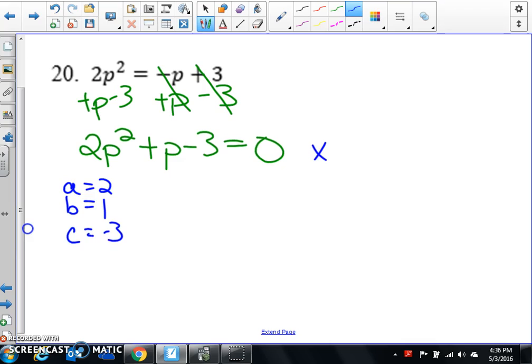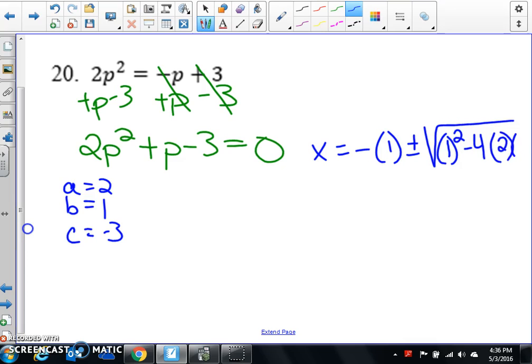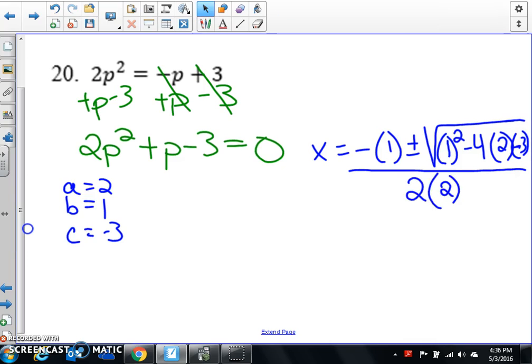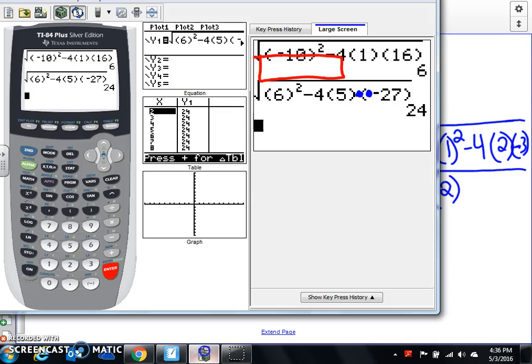So x equals negative b plus or minus the square root of b squared minus 4ac, that's a negative, all over 2a. Okay, so we have x equals negative 1 plus or minus, and we're going to put the square root in our calculator. So go ahead and grab your calculator.